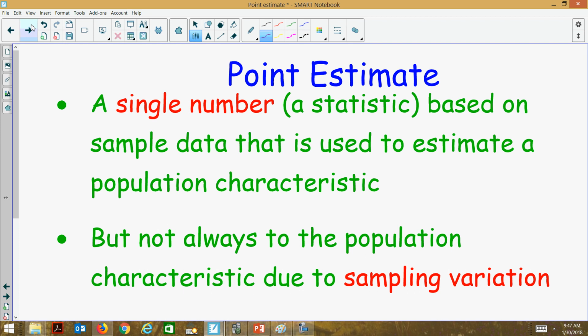A point estimate is a single number, a statistic based on sample data that is used to estimate a population characteristic. It is not always equal to the population characteristic due to sampling variation. So we can't generally say for sure that point estimates will give an accurate and exact estimation of the population, but it would be pretty close.